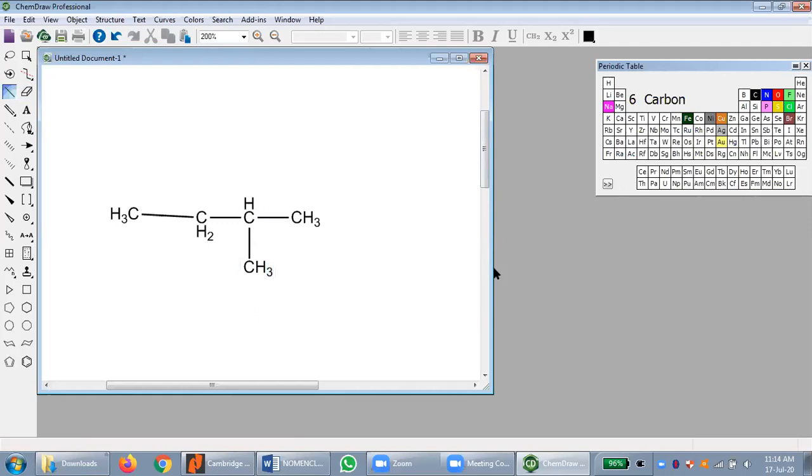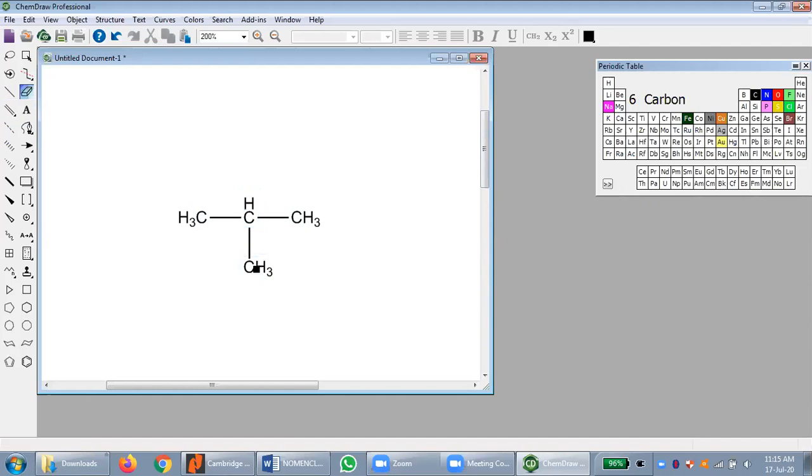The entire structure is changed, right? Yes, sir. Now, what I'm going to do is change the structure a little bit. Previously, if I don't draw this structure, then it would be propane, right?